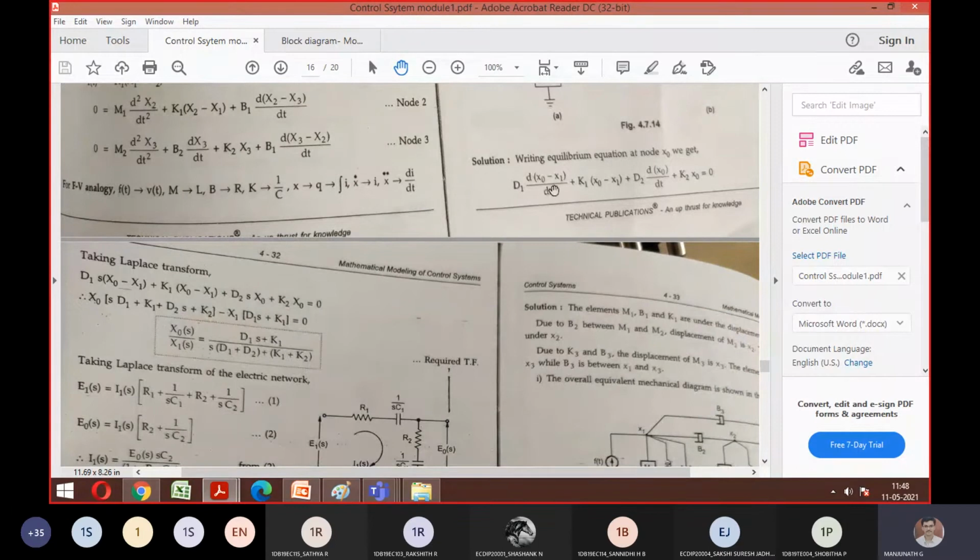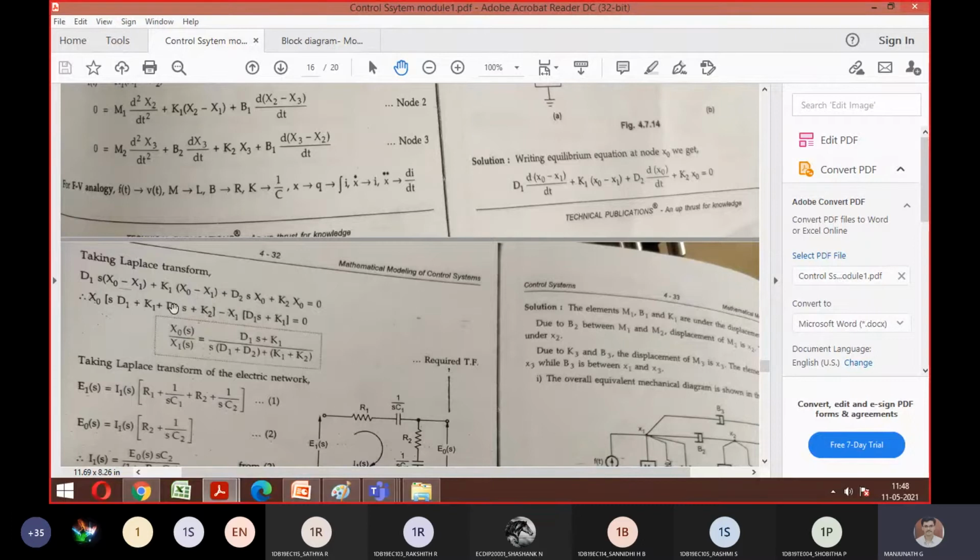Then look at that: first differentiation means s into; if it is double differentiation, it becomes s square. I hope you remember that. So K1 as it is, then this X0 becomes capital X0. D2 as it is, with single differentiation, so s X0, plus K2 X0. From this combination, you can simplify with X1 on one side and X0 on the other side.